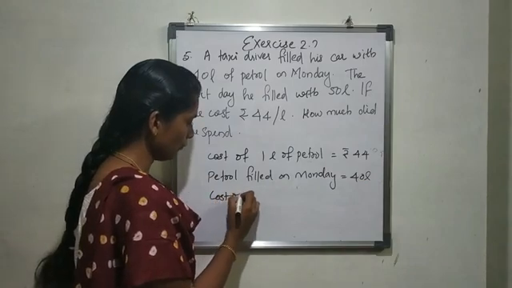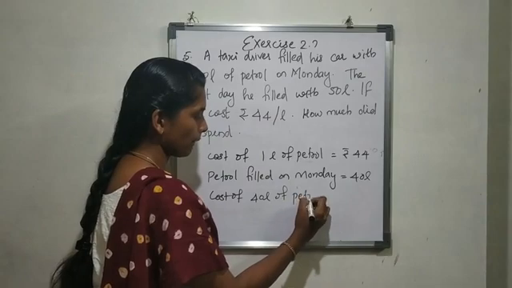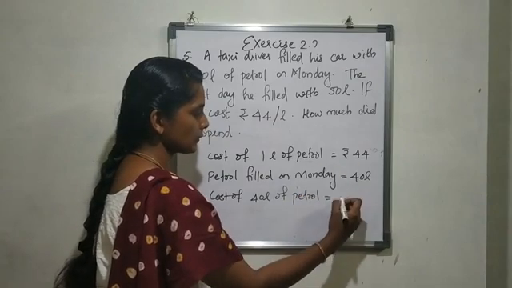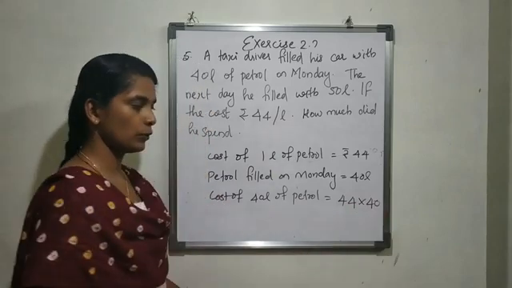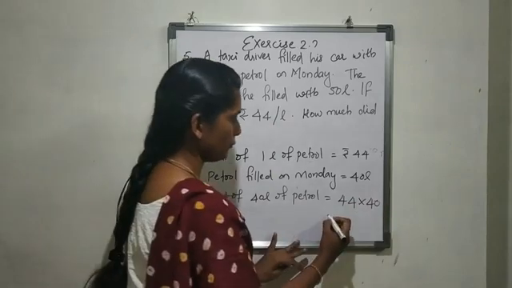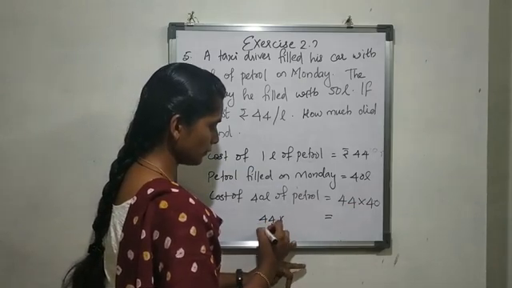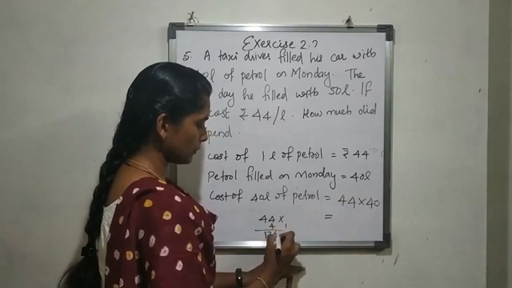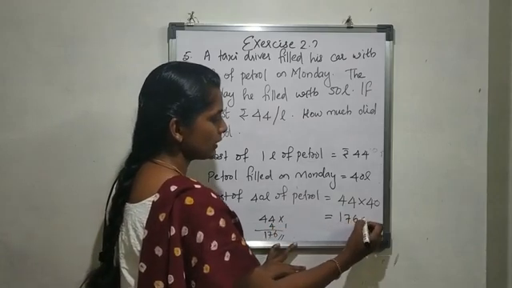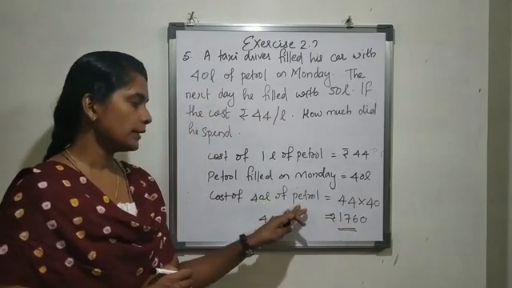Therefore cost of 40 litres of petrol is 40 into 44 or 44 into 40. What is the answer? 44 into 4, multiply it with 4 and put 0. 4 4s are 16. Again 16 plus 1 is 17, so 1760. This is the cost of 40 litres of petrol.